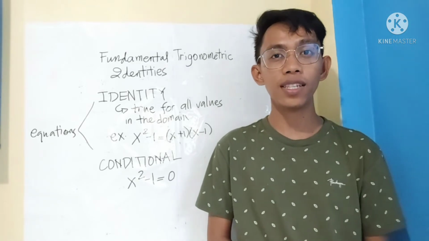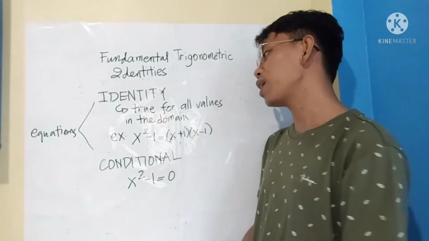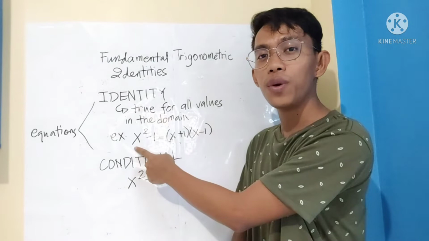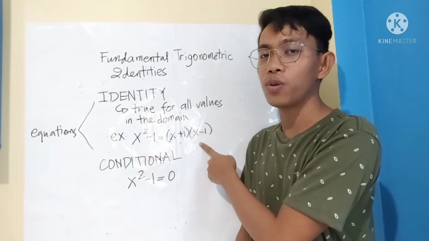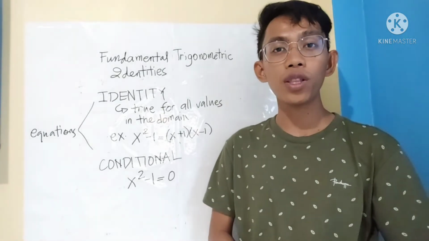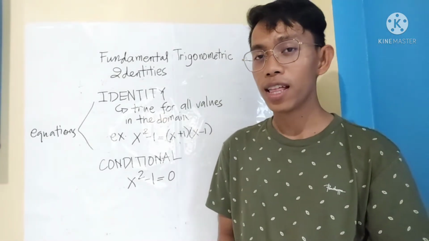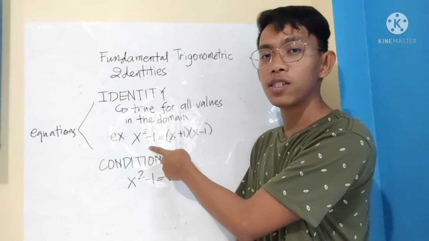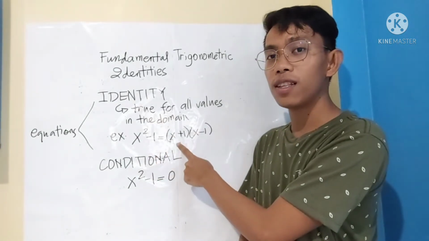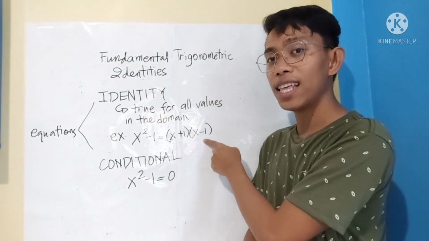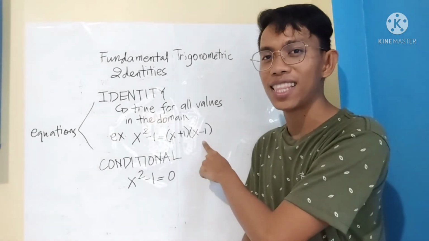Say, we want to replace it with the value 1. So, pag ginawa natin 1 si x, we will have a value of 0 sa left and 0 also sa right. Or if we want to replace it with 4, then this will give us 16 minus 1, that's 15. And this one is the product of 5 and 3, which is also 15.